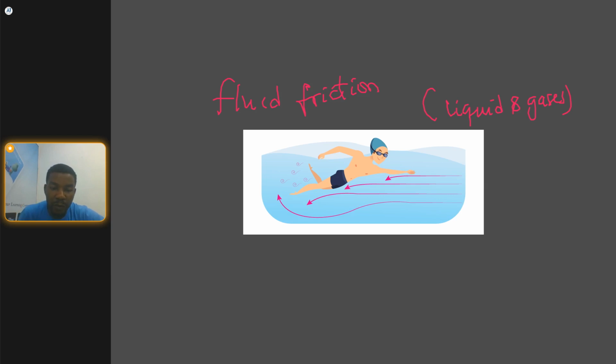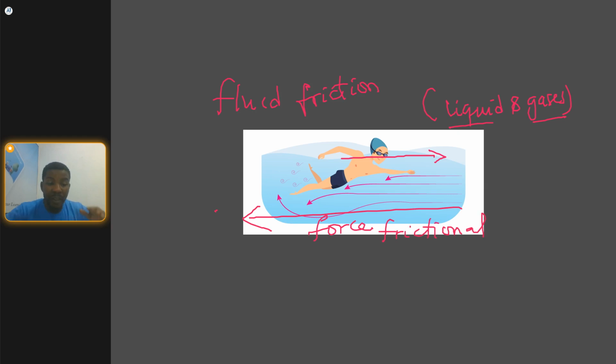But it does not only happen in liquid; it also happens in what? Gases. Now, the direction of this person swimming is this direction, and there's a force acting against him in this direction. There's another force resisting that motion of the direction where he's facing. And that force is nothing but a frictional force.